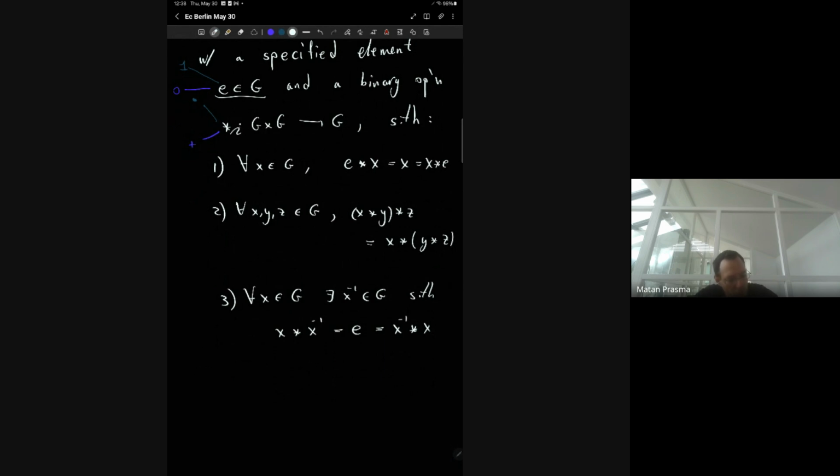I don't want to drag the notation star. I just wanted to stress the fact that this is kind of a vanilla binary operation that you could think of as multiplication and as addition, depending on the context.